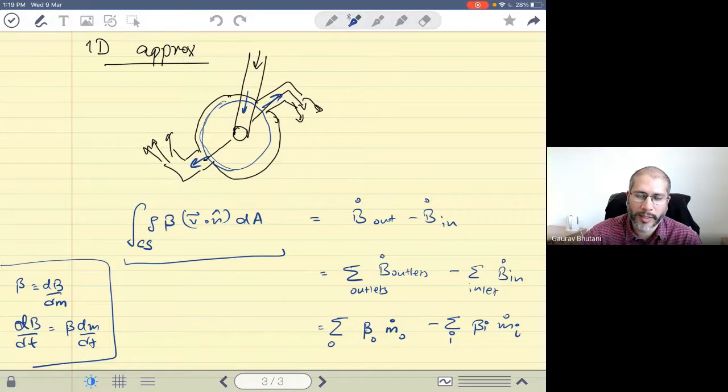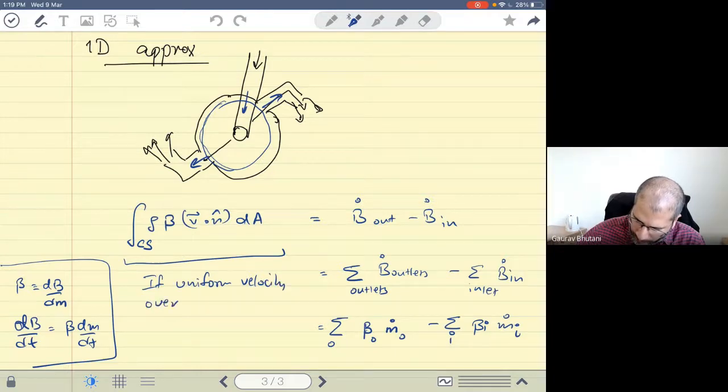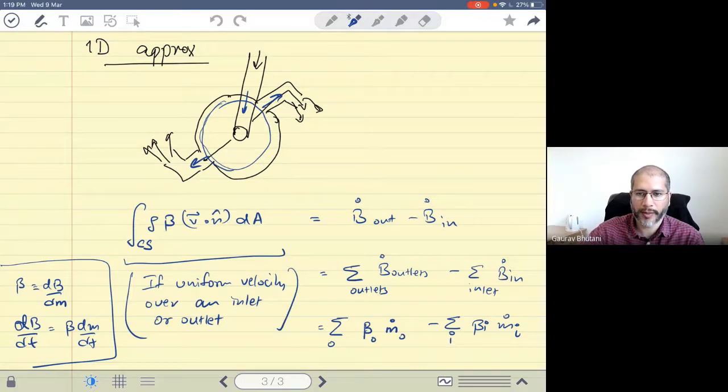But in this case, we are assuming a uniform velocity. So if there's a uniform velocity over an inlet or outlet, then you can use this simple one-dimensional form. Any questions?